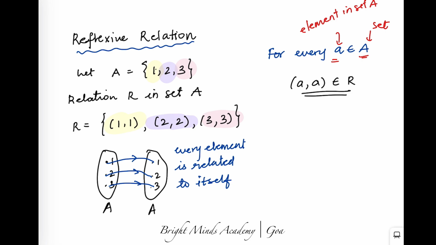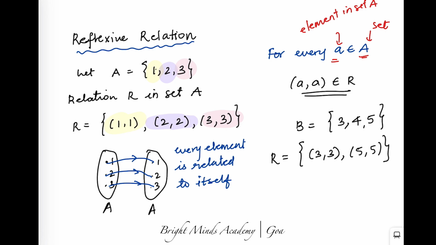Now, let's just say I'll take one more example. I'll take a set B having elements, let's just say 3, 4 and 5. Now I'm writing a relation R, which is basically 3 comma 3 and 5 comma 5. Now my question to you is, do you think this relation is reflexive?